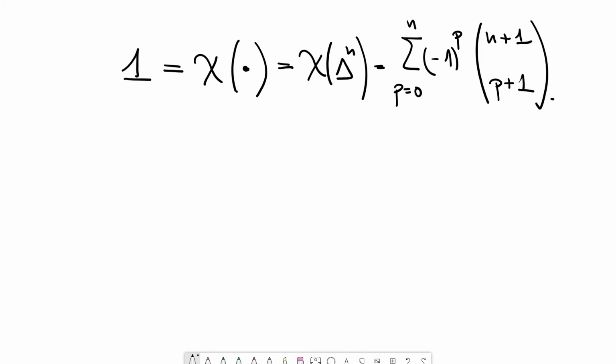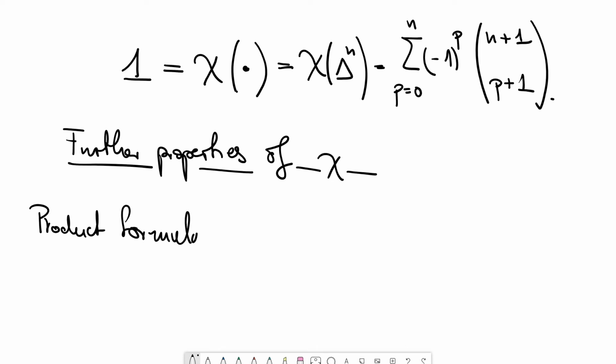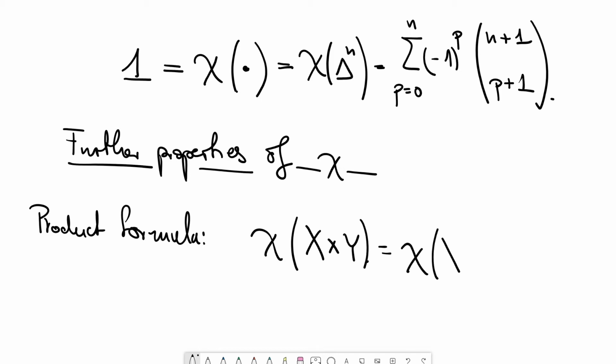Okay, so I want to discuss some further properties of the Euler characteristic. The first one I will not prove. There is a product formula. So the Euler characteristic of the product of two finite CW complexes is just the product of the Euler characteristics.